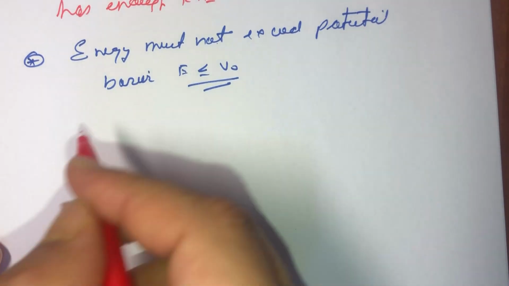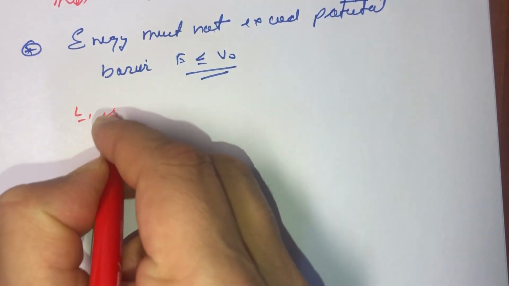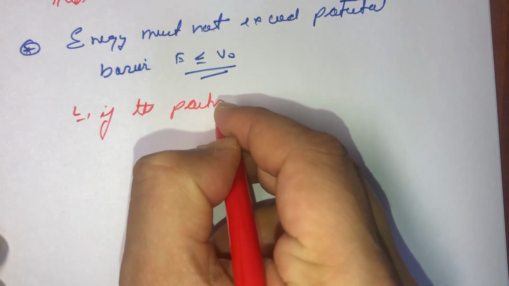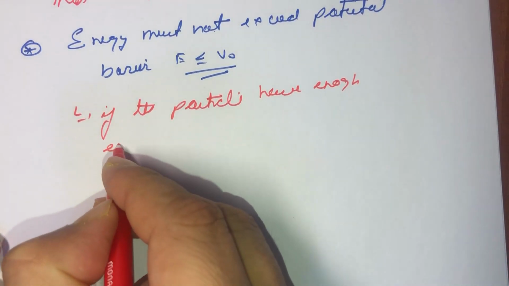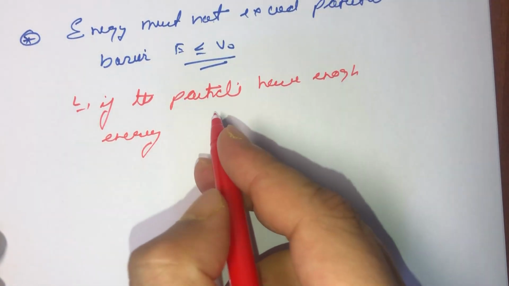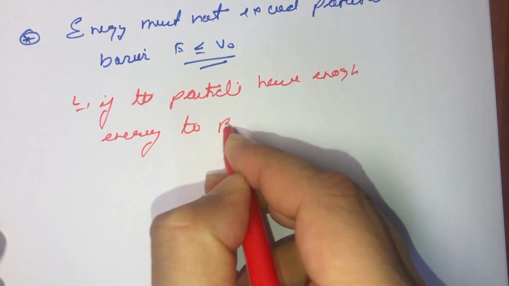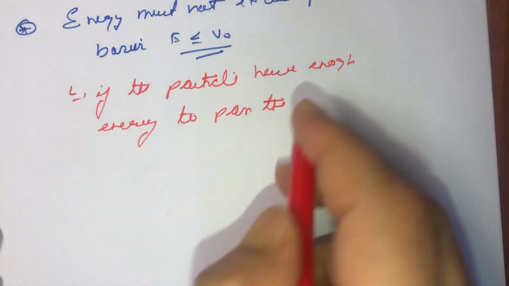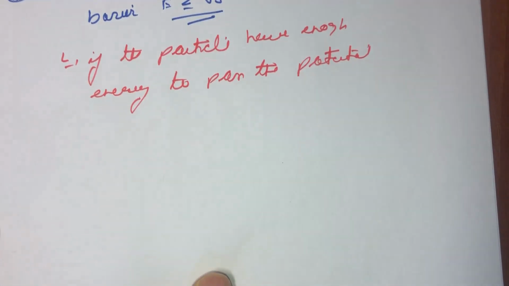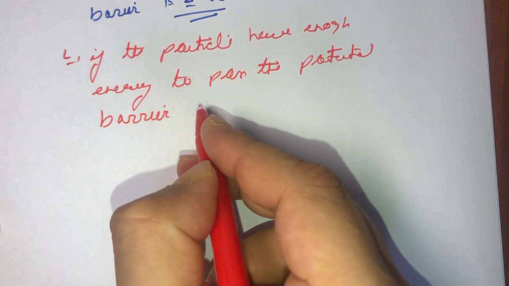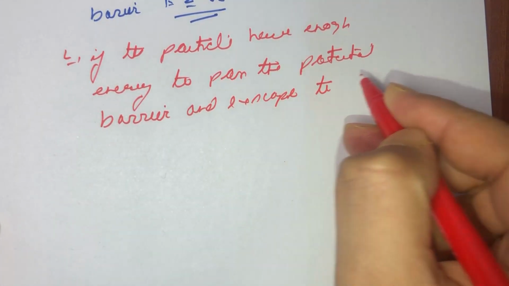We can say that if the particle has enough energy to pass the potential barrier, it will escape to infinity.